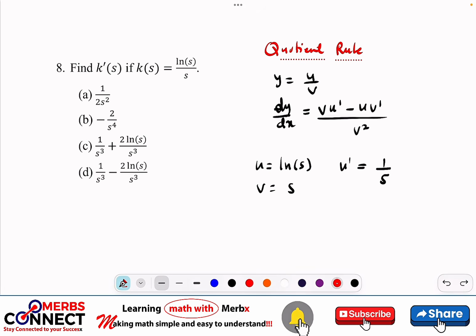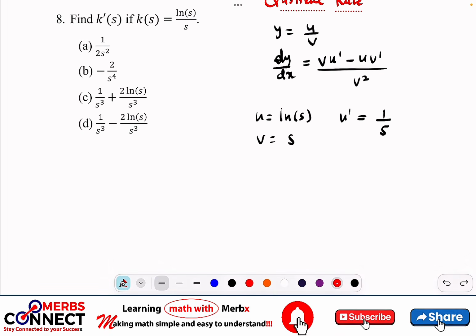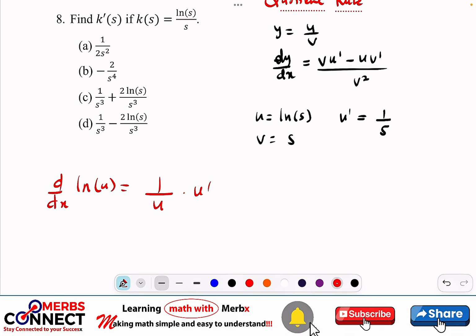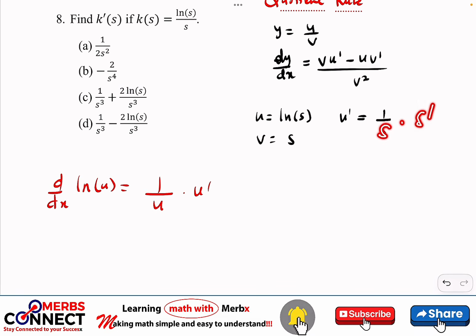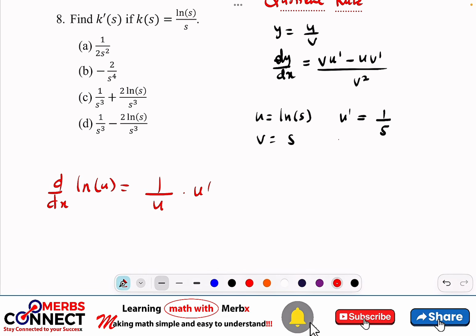So differentiating a log function is this. If I'm differentiating a log function of u, this is 1 divided by u times u prime. So when I differentiate this, it's 1 divided by x times x prime, but x prime is 1 because we are differentiating with respect to x. And then v prime will be equal to 1.